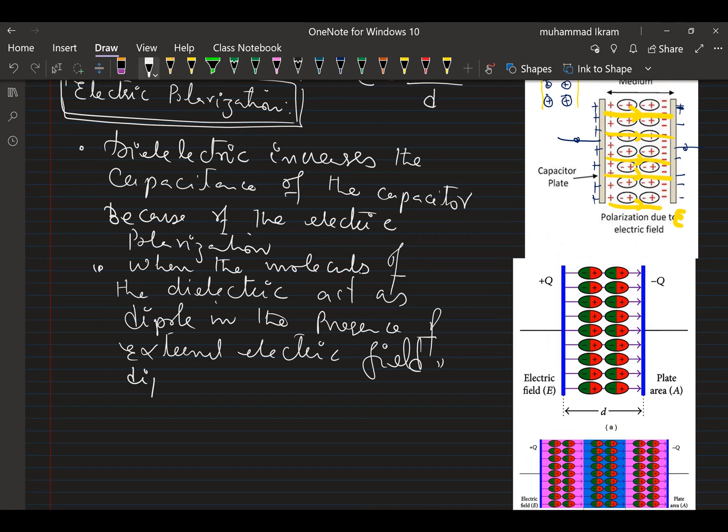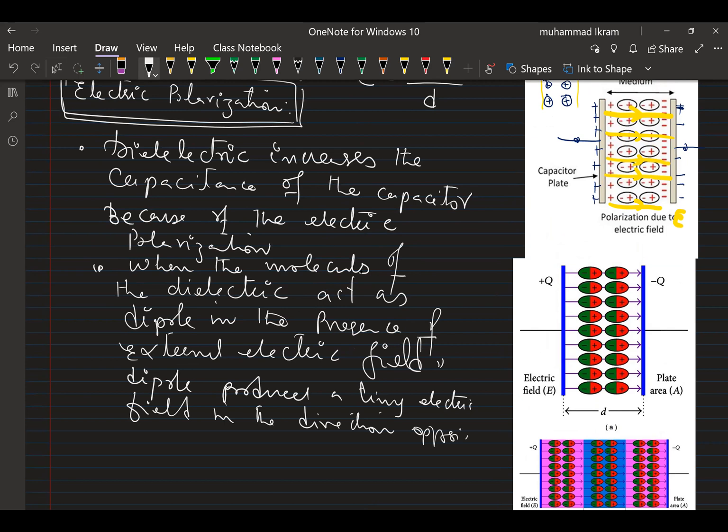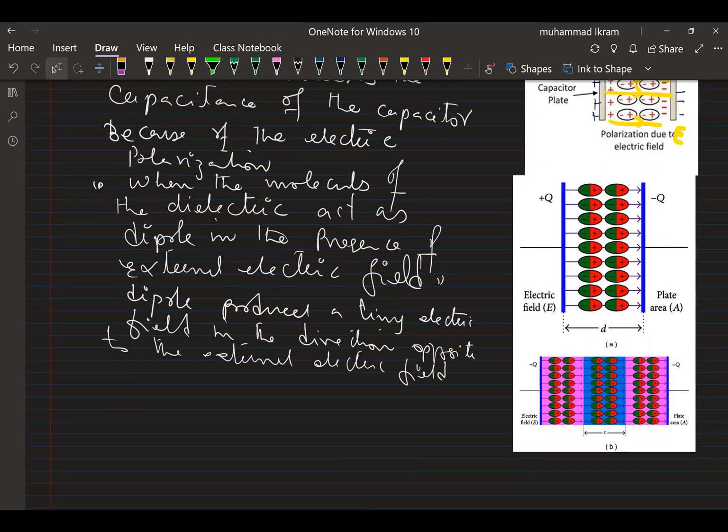Each dipole produces a tiny electric field in the direction opposite to the external electric field. So what happens? The net electric field decreases.